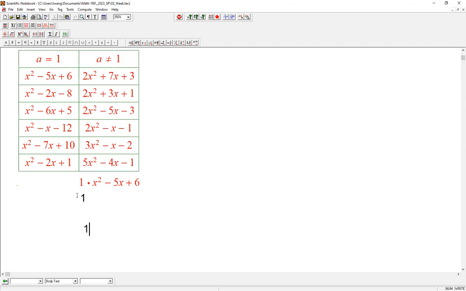Then we want to work with the number 6. 6 can be factored into 2 times 3, negative 2 times negative 3, negative 1 times negative 6, 1 times 6, and all these different possible factors. I'm going to use 2 times 3.